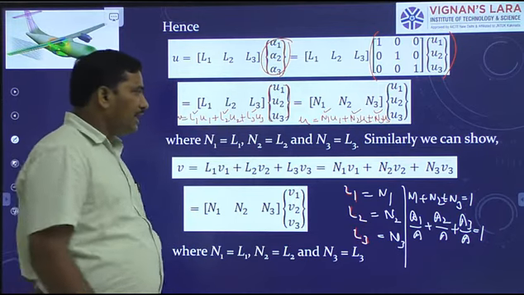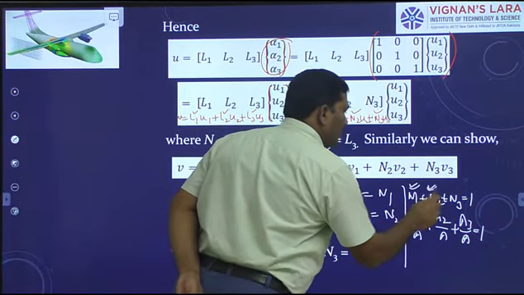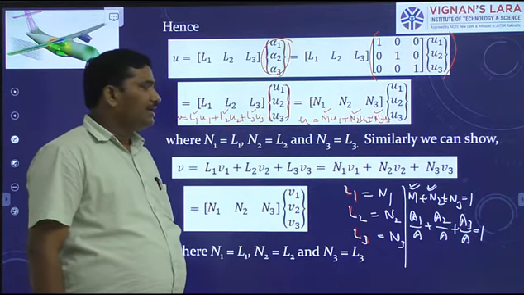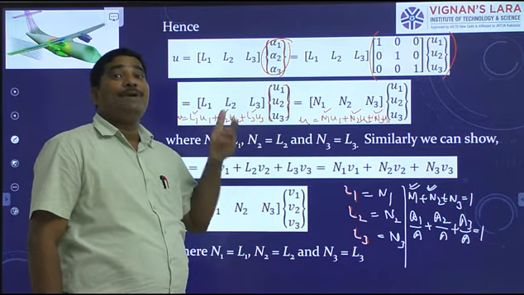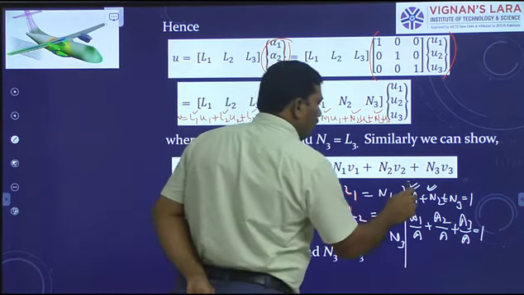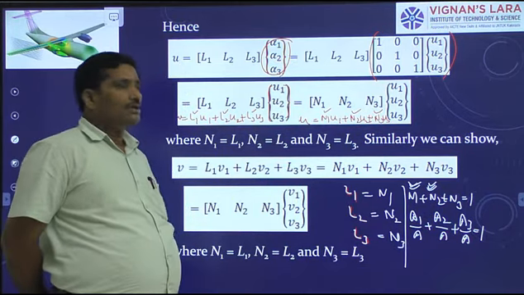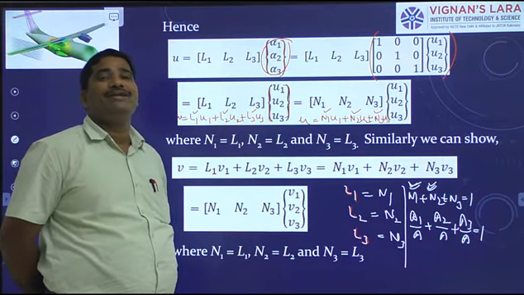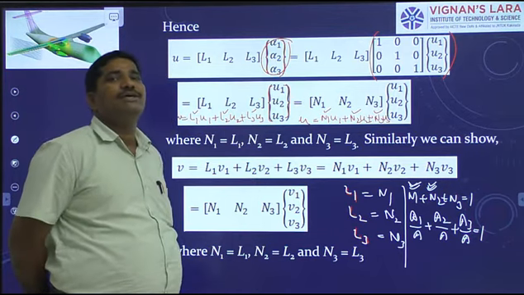Here, two of the shape functions are considered independent, and the third shape function will be considered dependent, because the sum of the shape functions is unity.